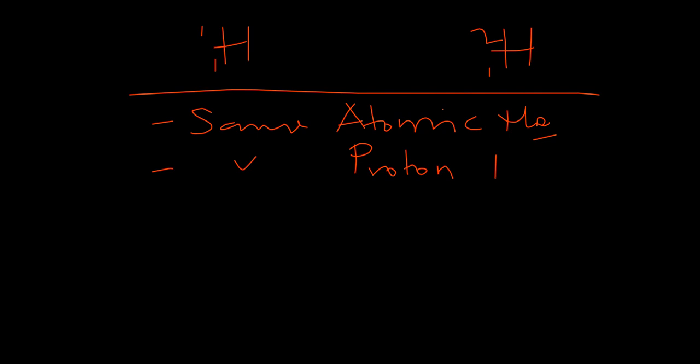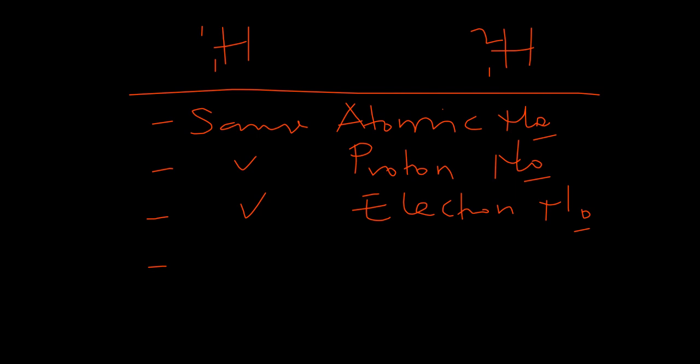If they have the same proton numbers, remember when we were looking at neutrality of atoms, we said that in a neutral atom, protons are equal in number to electrons. So if they have the same proton number, they should have the same electrons. Now, final one, we've not touched on this, but it's very important for you to note that for atoms, what determines their chemical properties is the electron.